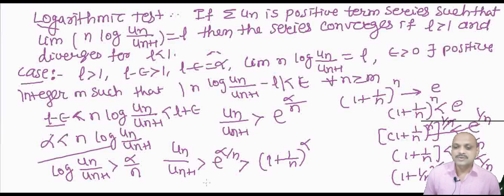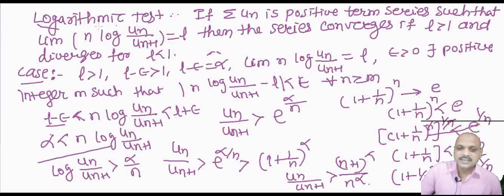So here we have un divided by un plus 1 greater than n plus 1 raised to alpha divided by n raised to alpha.